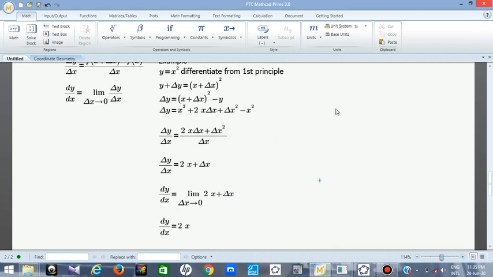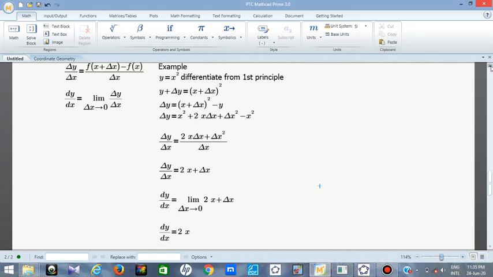Wherever you get your x, don't forget to replace it with x plus delta x. Then your y, replace it with y plus delta y, because if you remember when we were deriving the derivative function, we started with putting y2 minus y1 as delta y, then x2 minus x1 as delta x. If you have this approach, you are not going to have any problem. So this is all with this example, differentiation from first principle. I want you to take note of this.